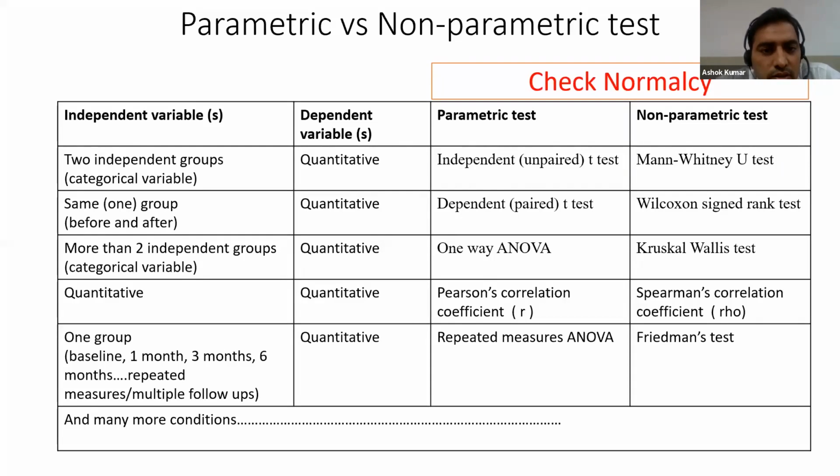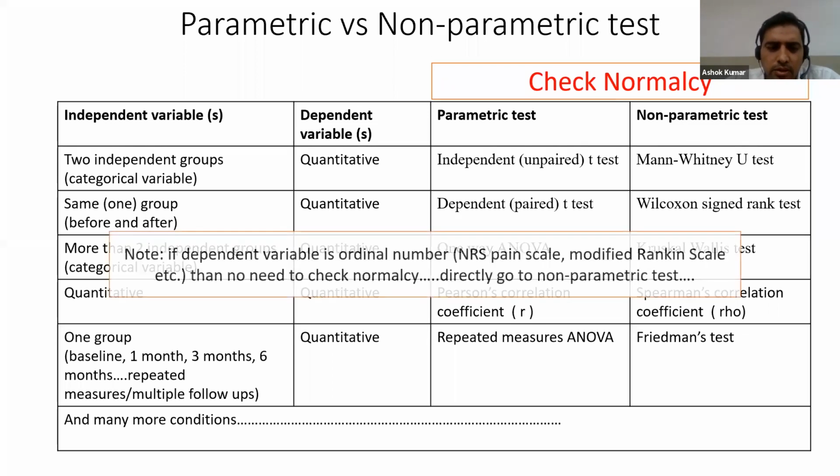And what is your dependent variable? Qualitative, categorical, or quantitative? If qualitative, nominal or ordinal. If quantitative, ordinal, interval or ratio. Then we decide which test to apply. We have already discussed this yesterday.